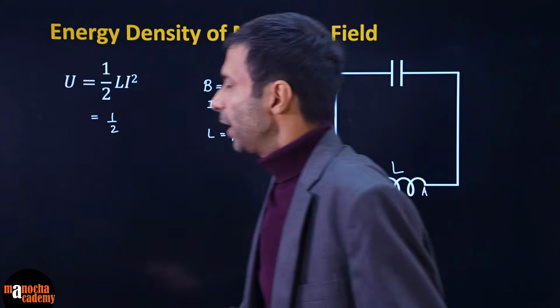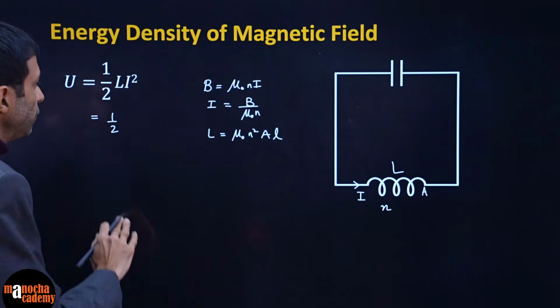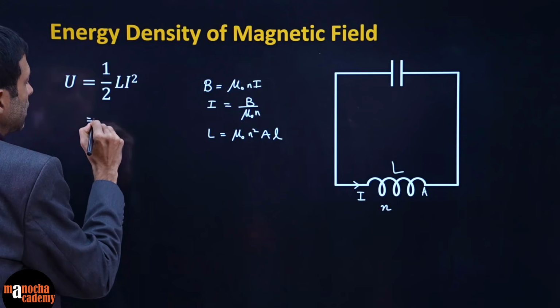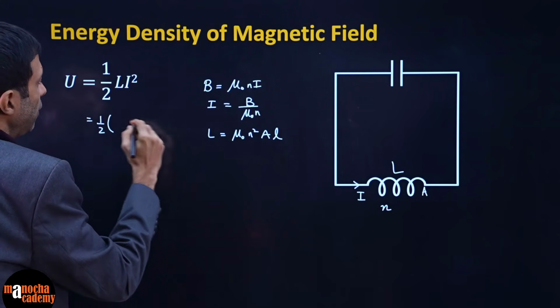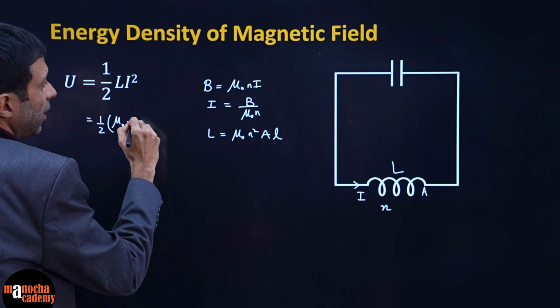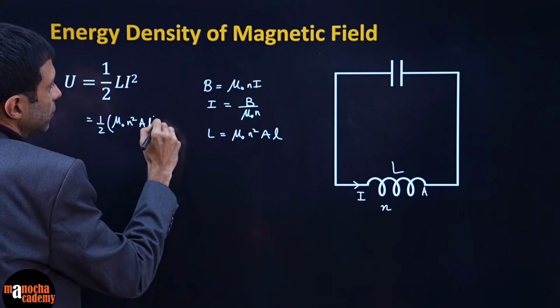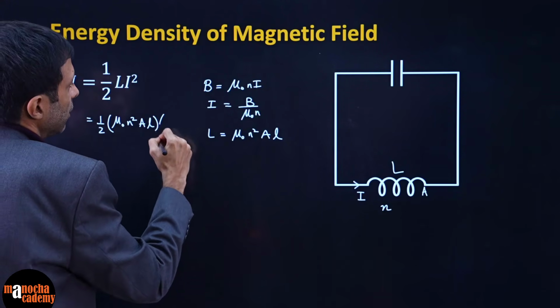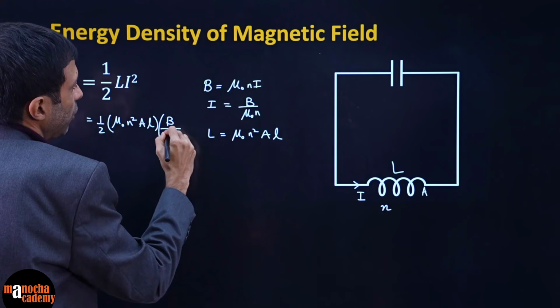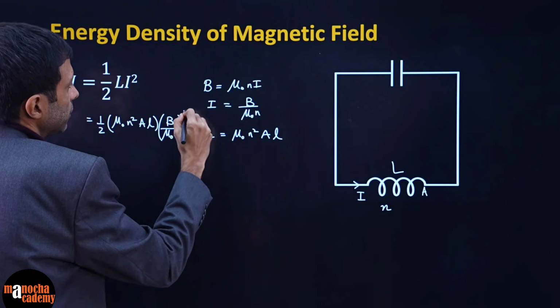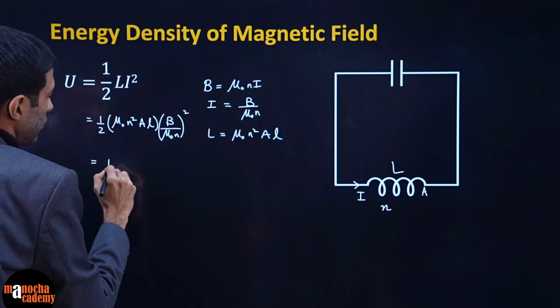So just plug in these values, no big deal. We'll say this is half, L is mu naught N square A L, and I square will be B by mu naught N whole square. Got it? So let's calculate.